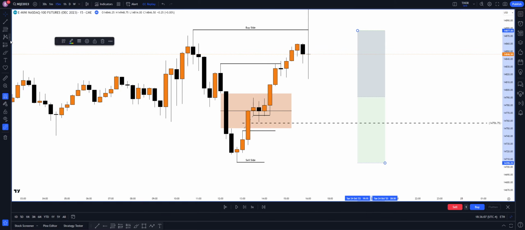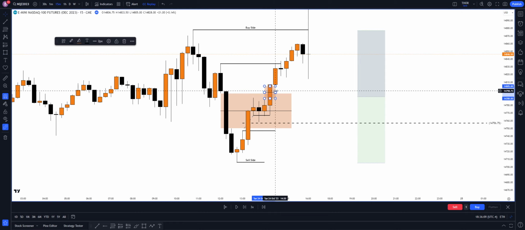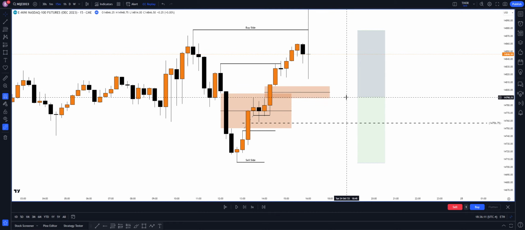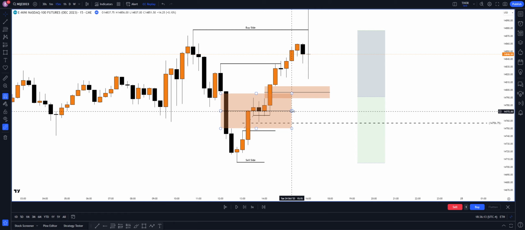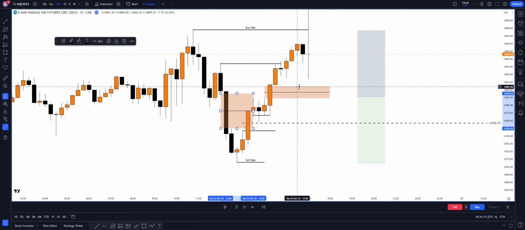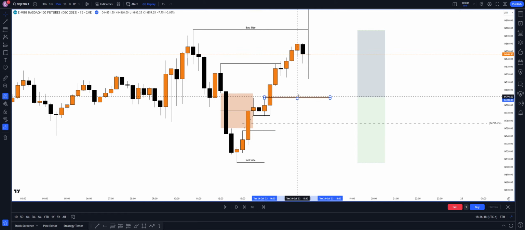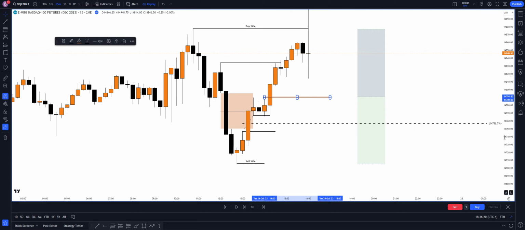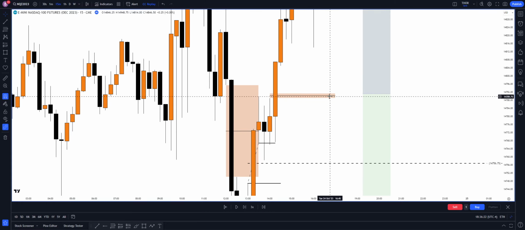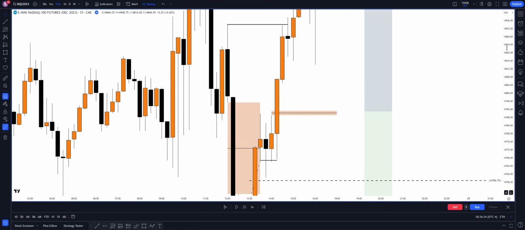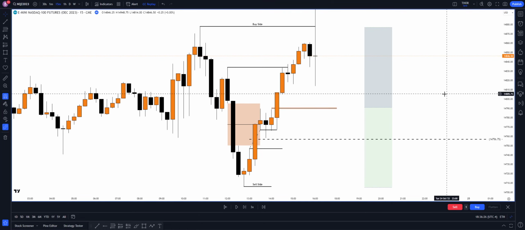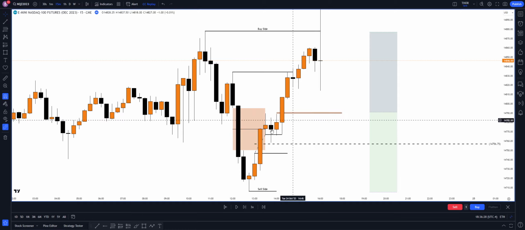Now in this case, if price came into, let me just take this like that, this fair value gap, but this lower portion of this fair value gap, because that's the only discount area, that could have been a pyramid entry as well, or the first entry if you missed this one.